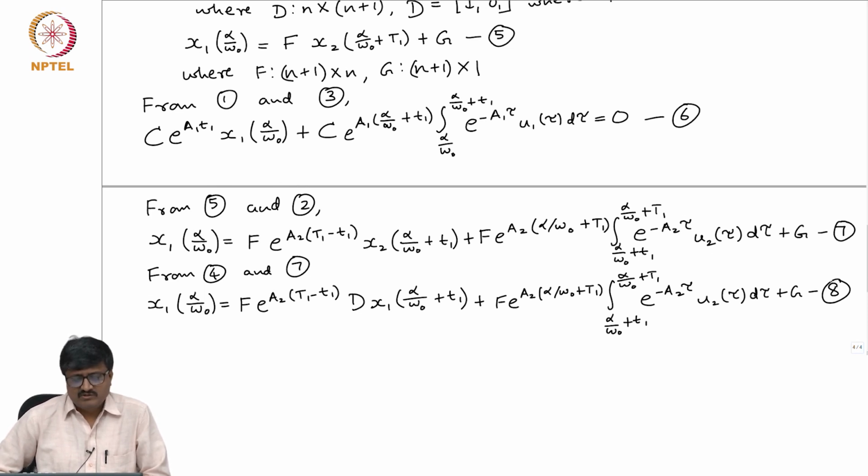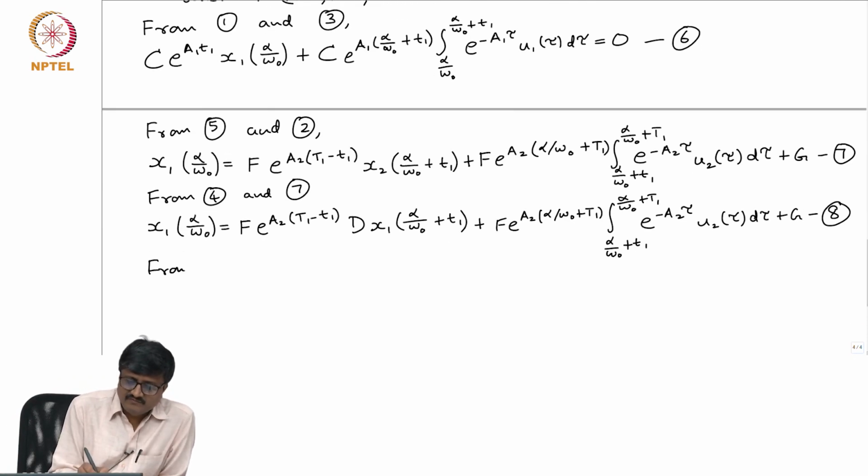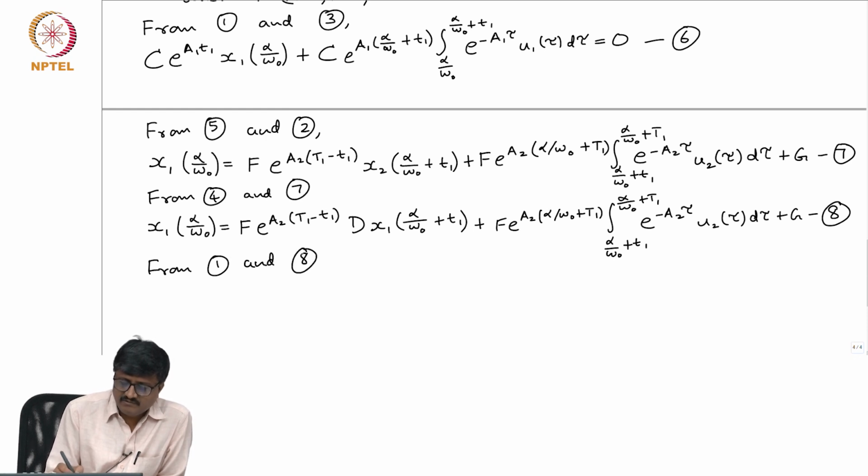Now, what I will do is again use equation 1 and get an expression for x1 at alpha by omega o plus t1 in the first term on the right hand side. So, from equations 8 and 1, what I get is x1 at alpha by omega o.